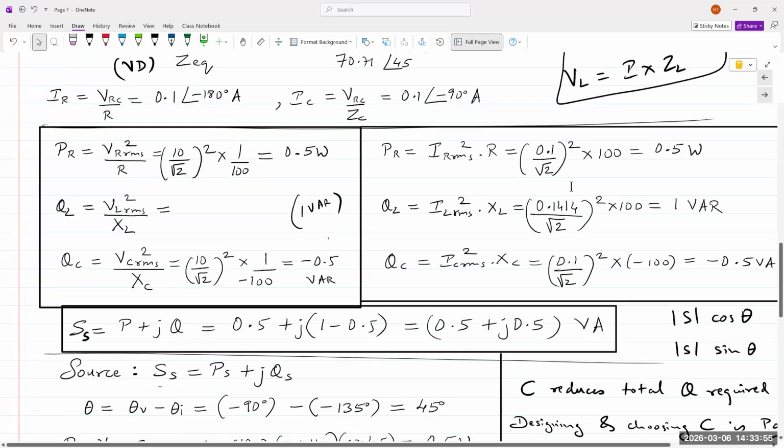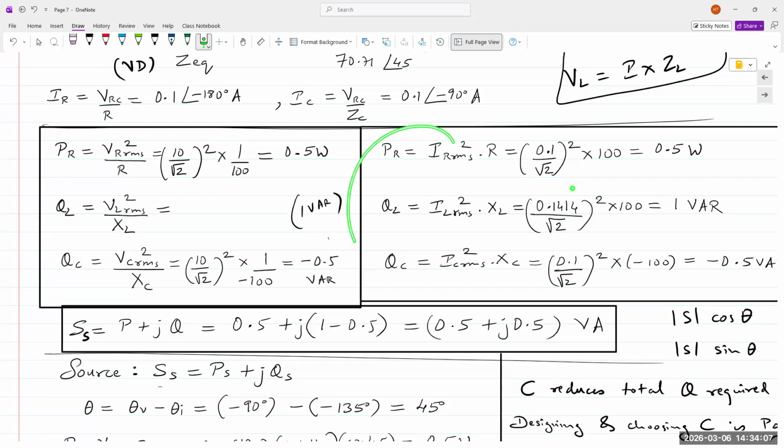The total current is also the current flowing through the inductor. So I have the three currents flowing through that circuit. Once I have the three currents, all I need to do is perform this calculation, I squared times R and I squared times X, and I have my power.